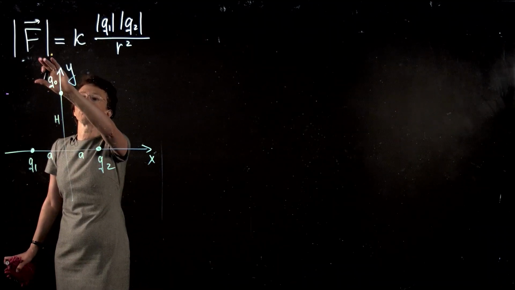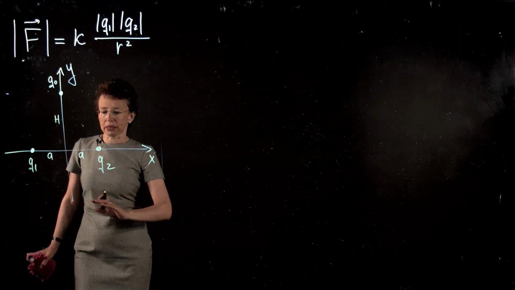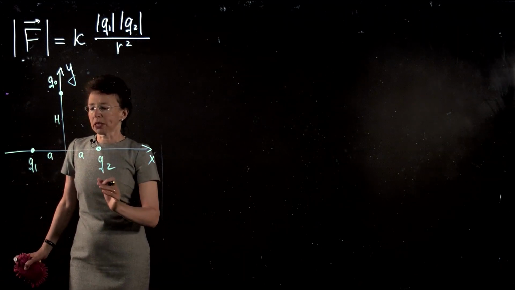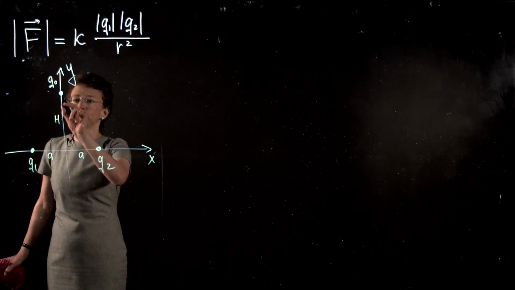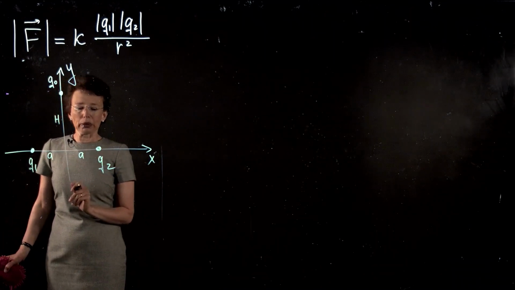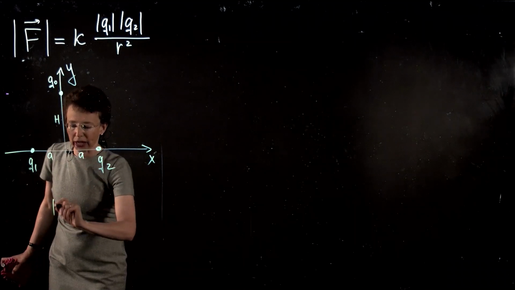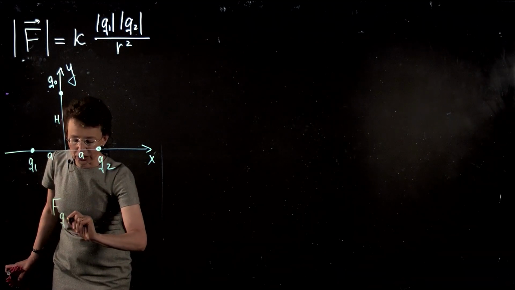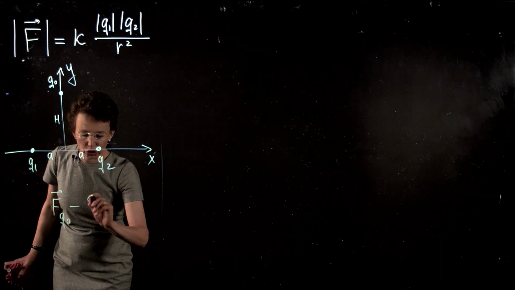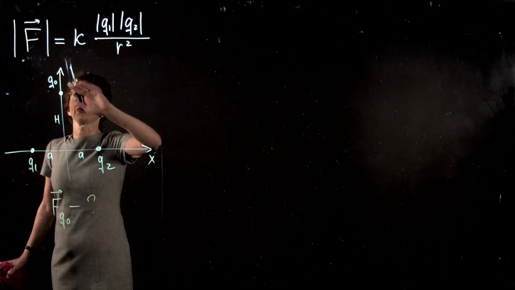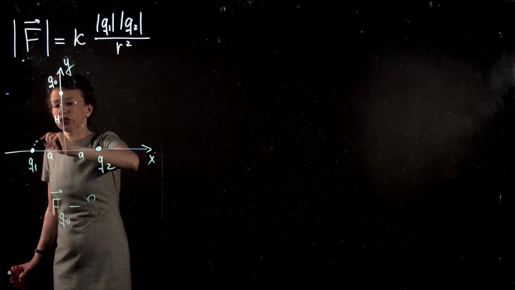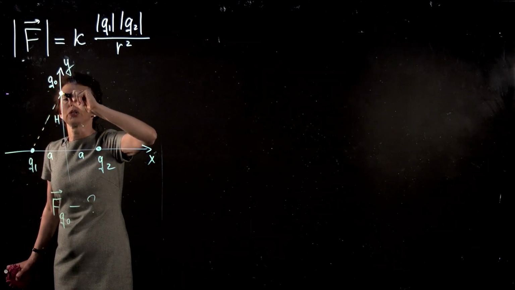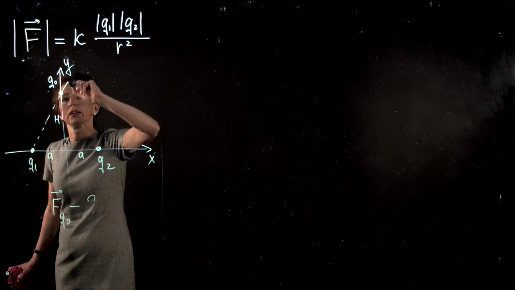We will use Coulomb's law, and we will use principle of superposition, which means that we will find force exerted by Q1, force exerted by Q2 on Q0, and then we will add these forces as vectors. Since we are interested in force exerted on Q0, I will draw these vectors. So force exerted by Q1 will be along this line.